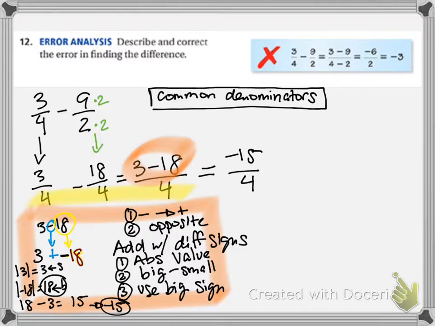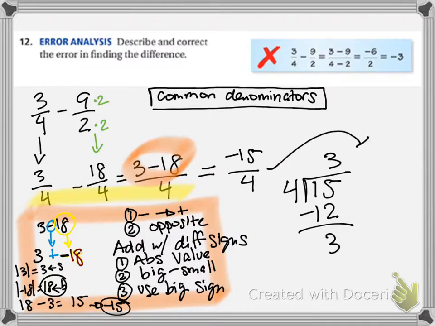So I need to do division. 15 divided by 4. 4 goes into 15 3 times, right? Yeah. Minus 12, and there are 3 left over. So this mixed number is going to be 3 3/4, and that should be my answer. This should also be negative.